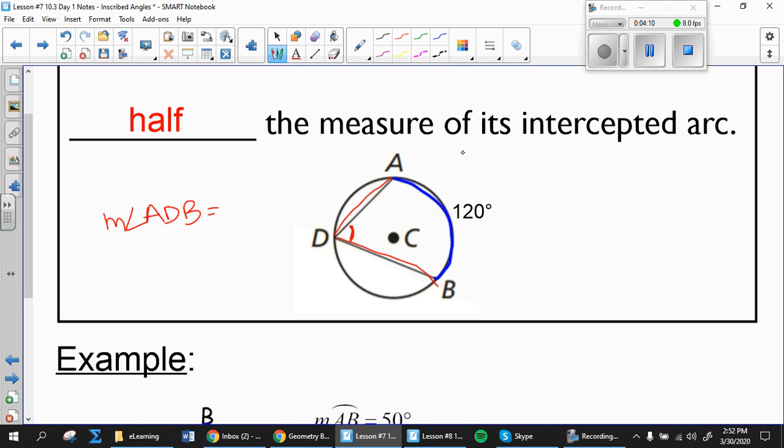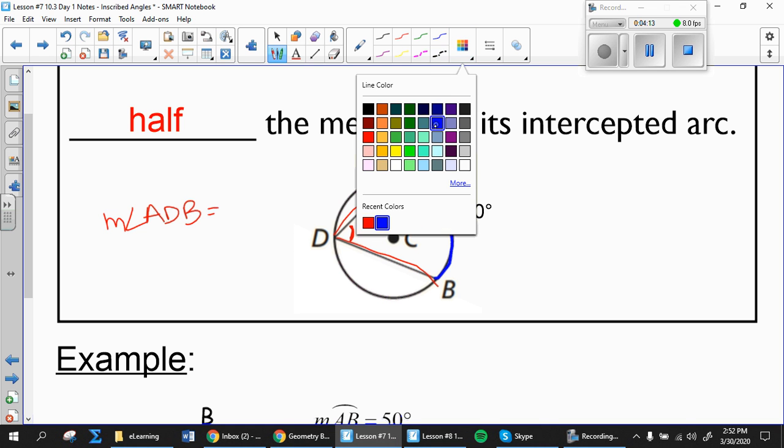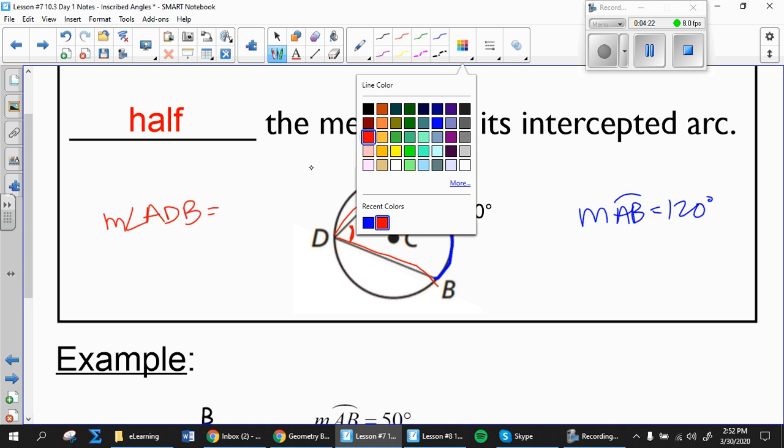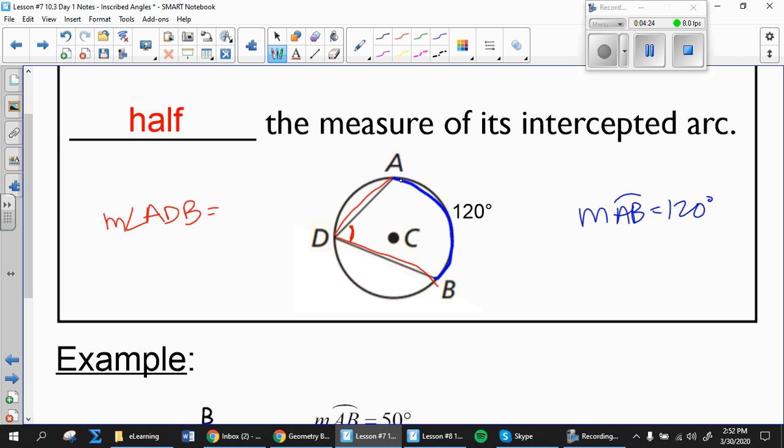The arc, which would be arc AB, they're telling us is 120 degrees. So that tells me that this inscribed angle is going to be half of that, 60 degrees. So the angle is 60, the arc's 120. You can think of it two ways: it's half of the arc, or the arc is twice as big as the angle.